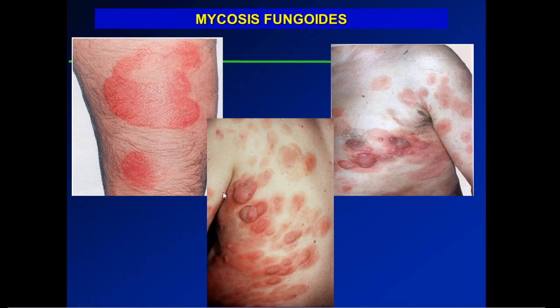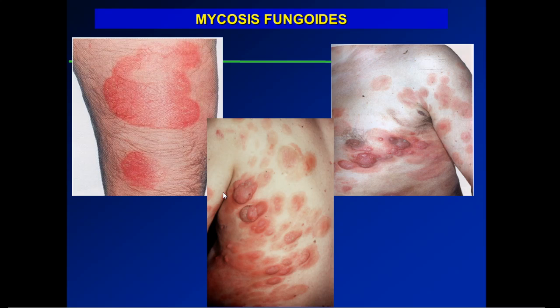Questions that you will find in your MCQ, I'm absolutely sure. So, mycosis fungoides. This is a primary T-cell lymphoma. Actually, this lymphoma accounts for around 50% of all skin lymphomas, so this is not such a rare situation.